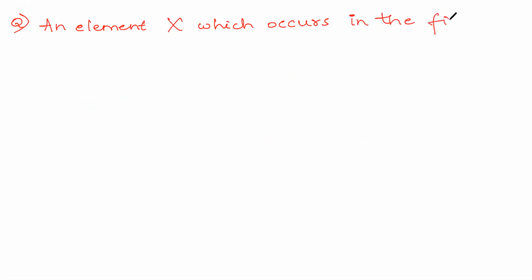Next question. An element X which occurs in the first short period has the configuration s2p1. This is a very conceptual, typical question. They have not mentioned the principal quantum number, just the configuration s2p1.